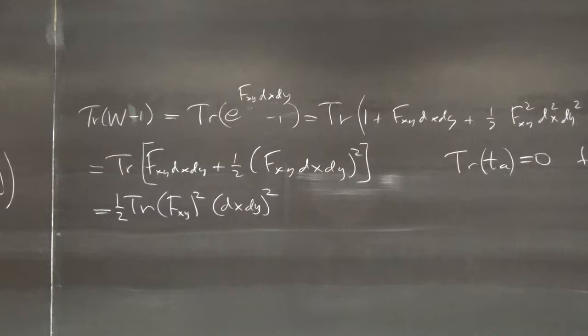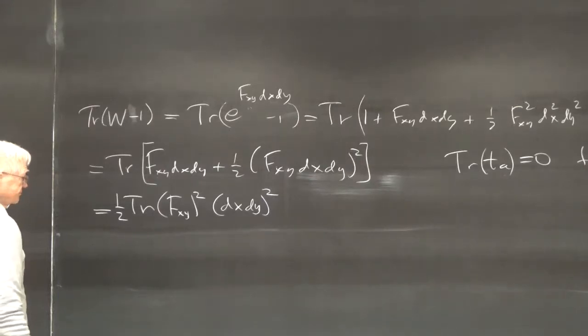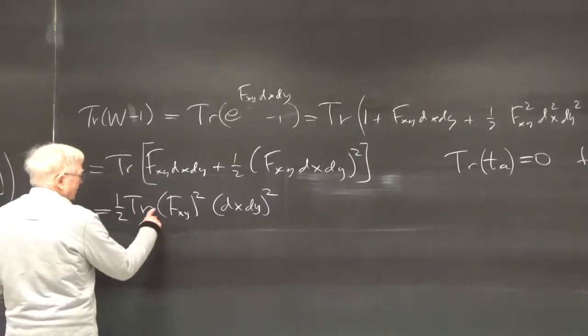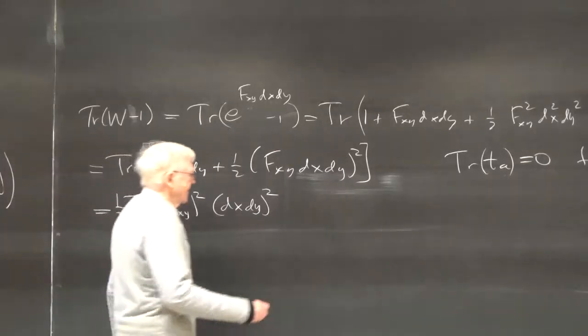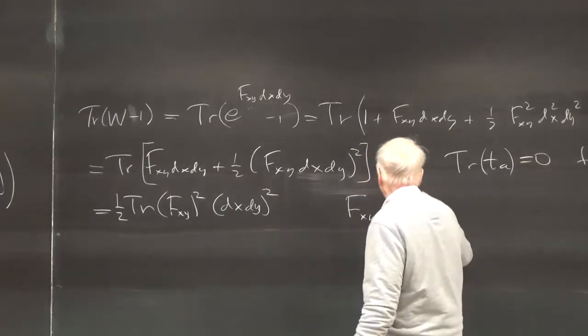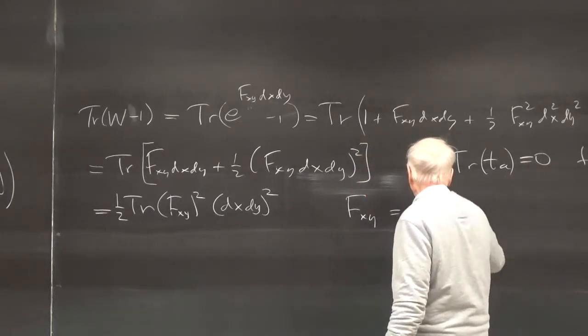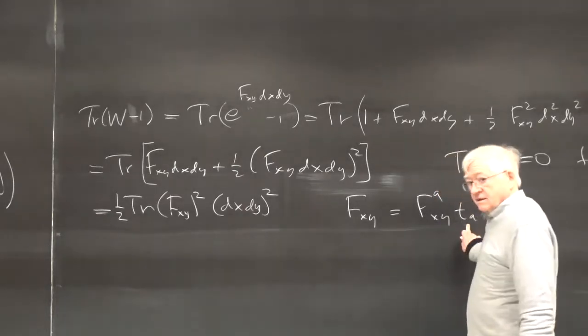And so when one does lattice gauge theory, of course, what you get when you take the trace is this: F_xy is F^a_xy t^a, right?